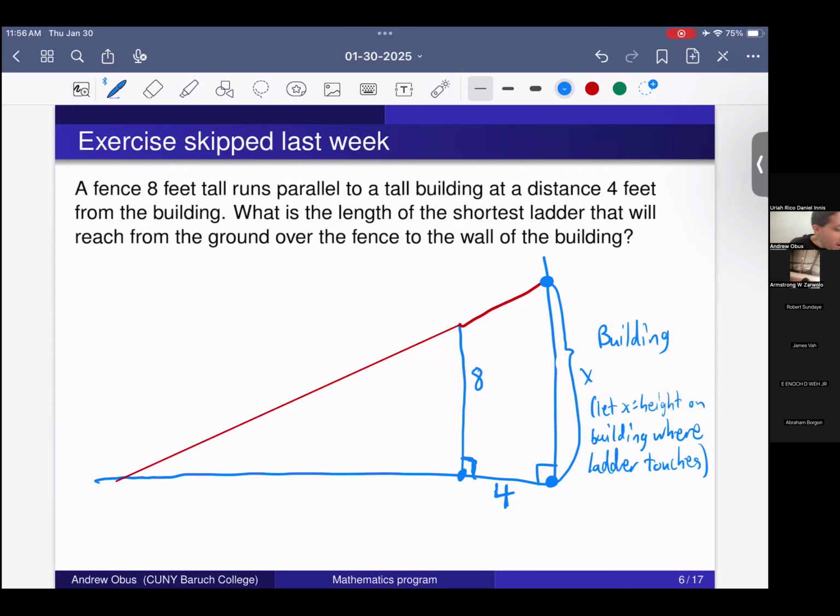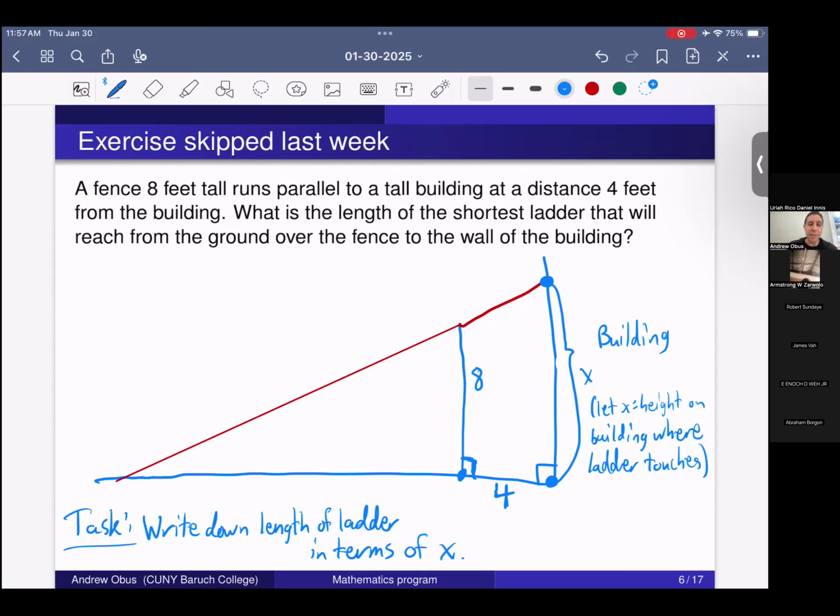So yeah, we will use the Pythagorean theorem, but we're not there yet, right? So our task really is to write down the length of the ladder in terms of X. So again, this is a calculus problem.